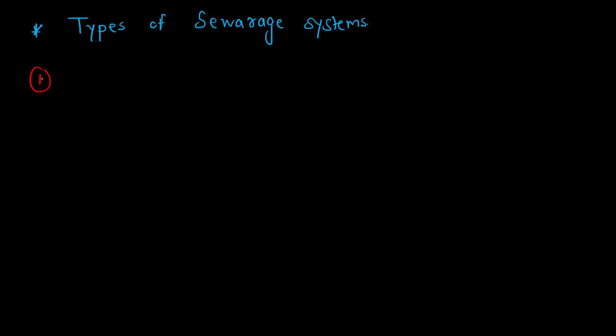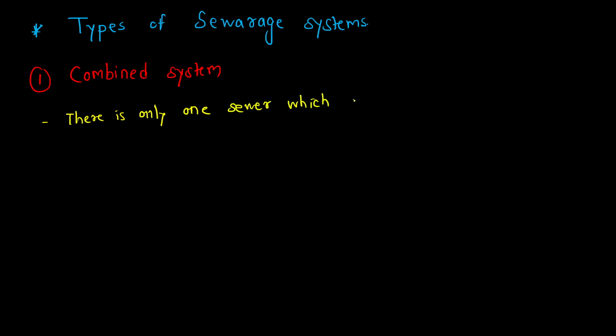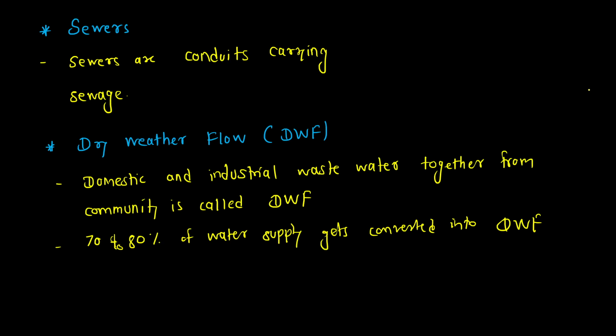The first type is called the combined system. What happens in the combined system? There is only one sewer which collects both dry weather flow and wet weather flow. We have seen what dry weather flow and wet weather flow are.